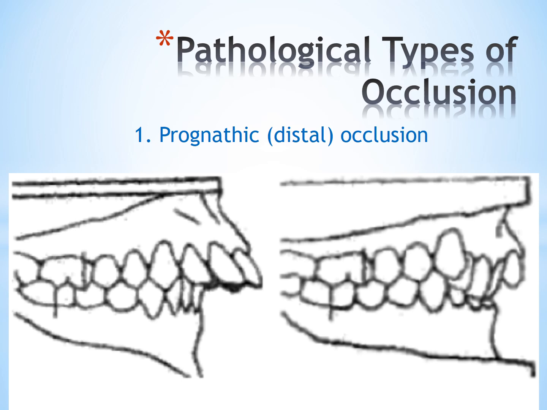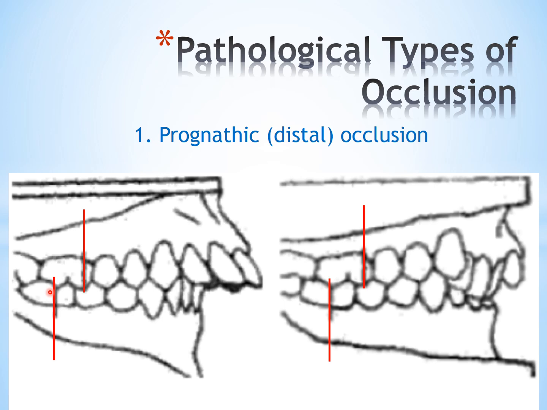But as types of pathological occlusion, Angle described distal occlusion. It is a situation when the mesiobuccal cusp of the upper first molar is located in front of the transverse groove of the lower first molar.